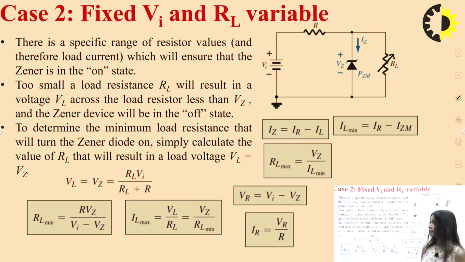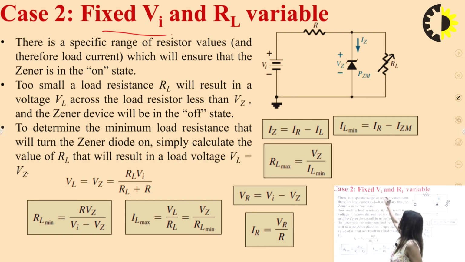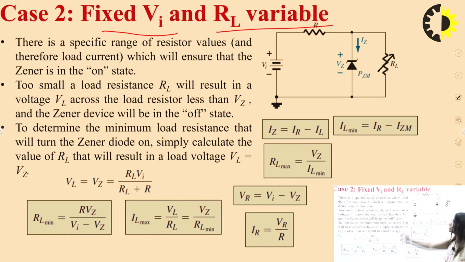I would like to write this whenever such a circuit comes in the examination and they ask to find out all the values. So for this particular case, fixed VI and variable RL, you will make the equivalent circuit, replacing the Zener diode with the battery of Vz with reverse polarity, right?